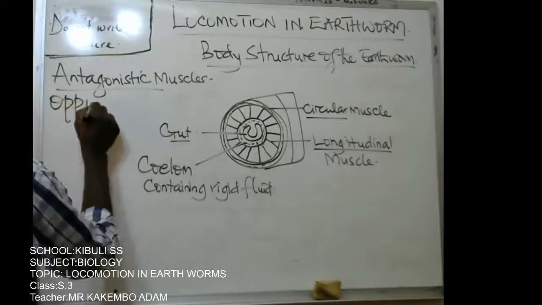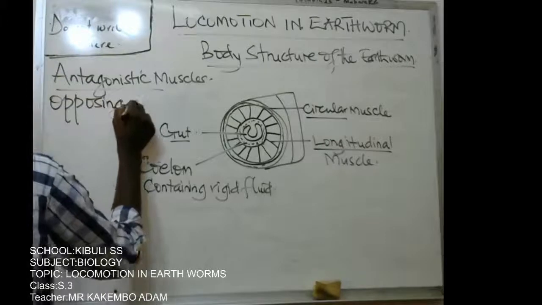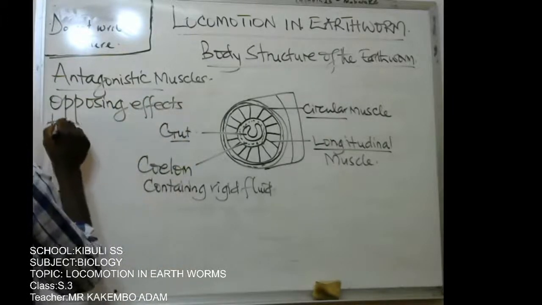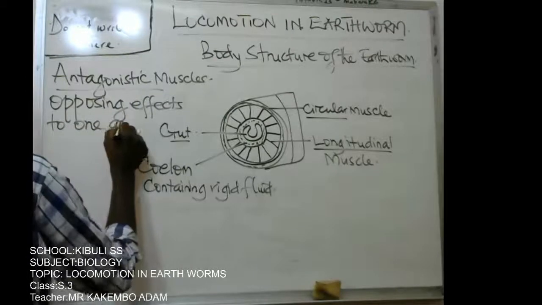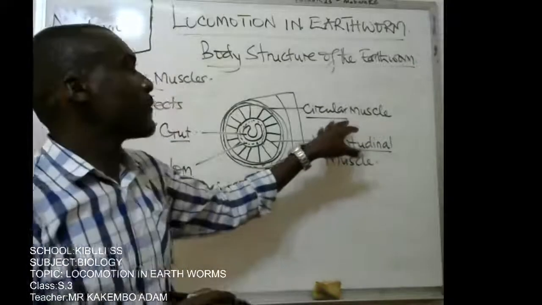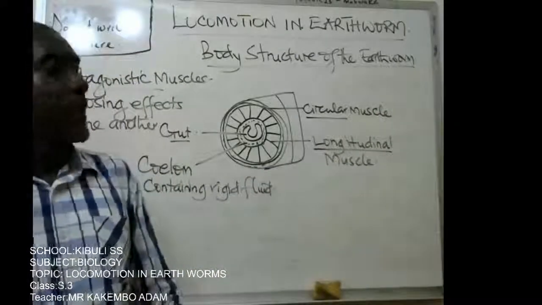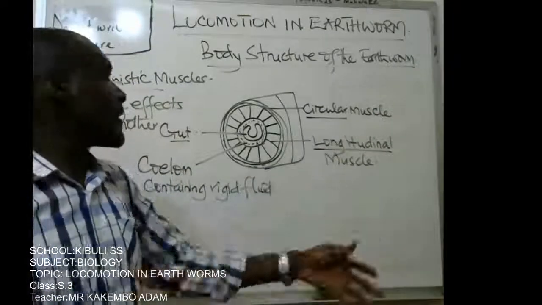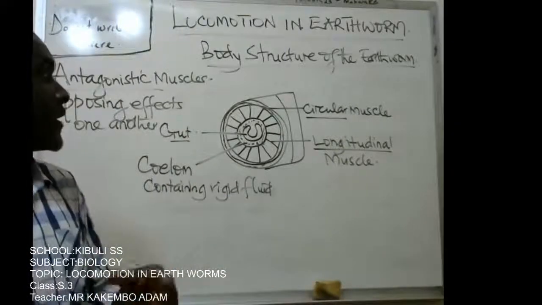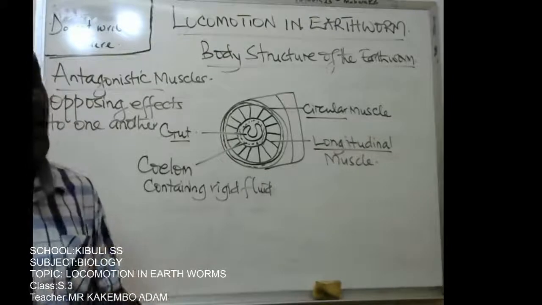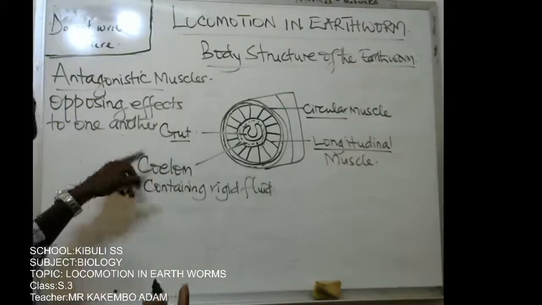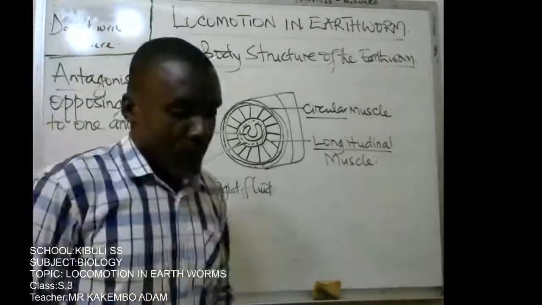For example, if the circular muscles contract, the longitudinal muscles will be relaxing. So the way the two muscles operate is described as being antagonistic.